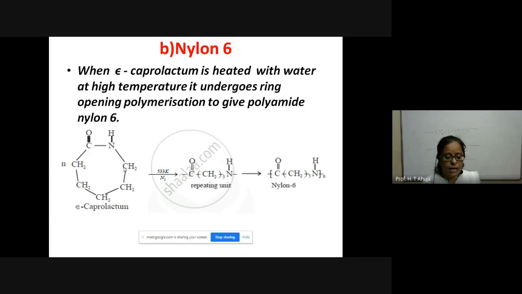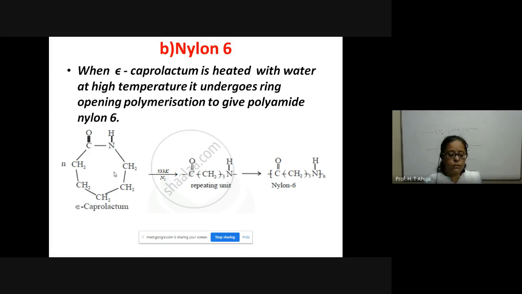The carbon which is attached to the C double bond O group is called alpha carbon, and numbering serially, this is beta, this is gamma, this is delta, and this is epsilon. And epsilon is the position of this NH group.